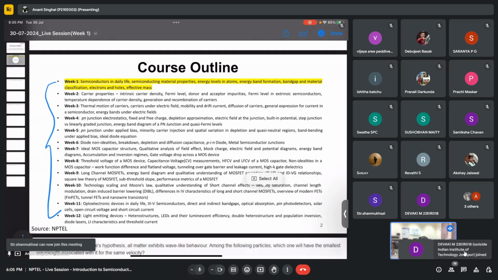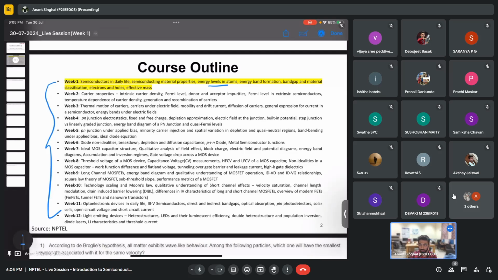So let's start with the week one course outline, which has some very basic questions. So I'll directly go towards the question. Initially, if you have any question, you can ask right now, and otherwise I'll start. You can type, or you can say if we can start the course directly, or if you have any query right now, you can ask straight away.